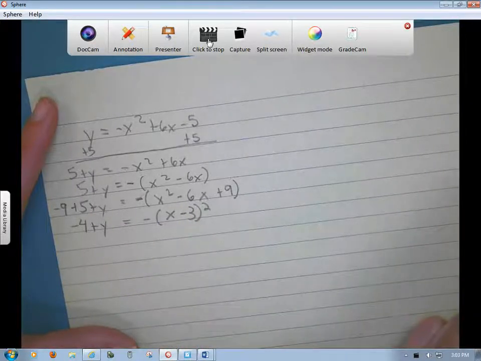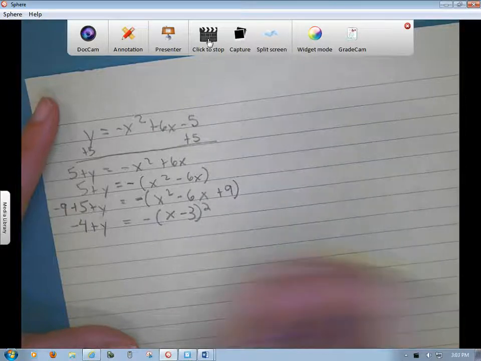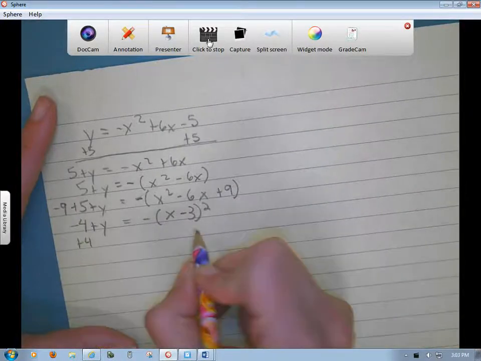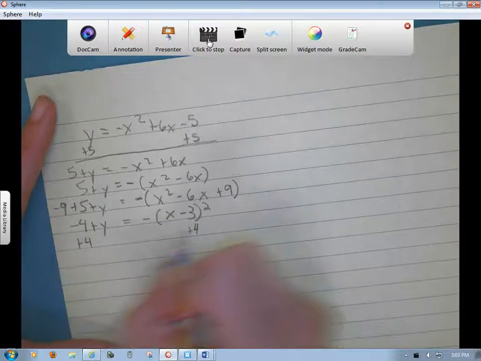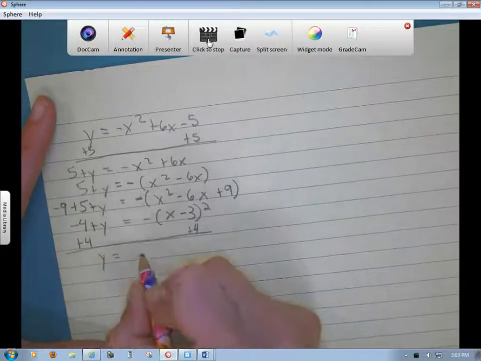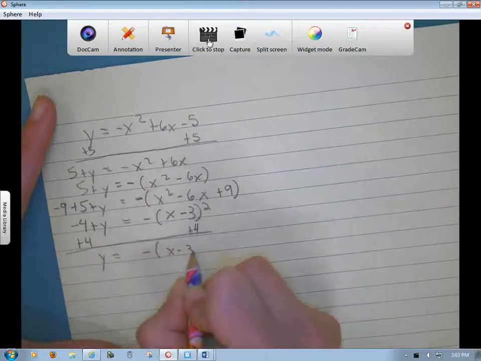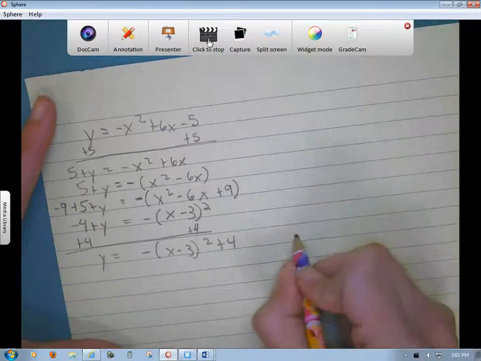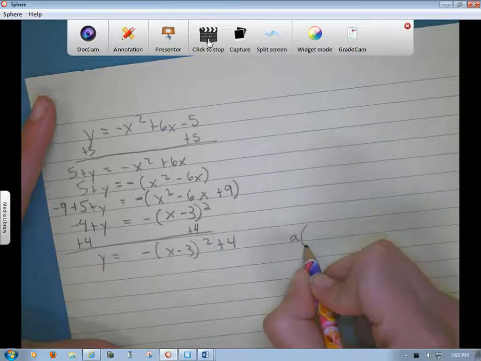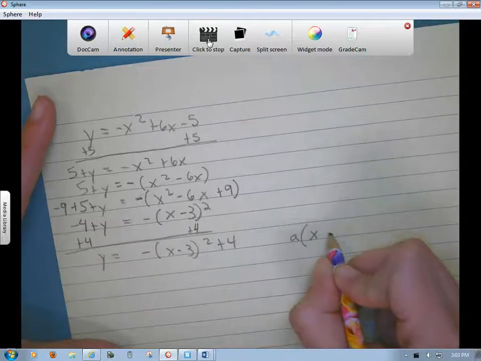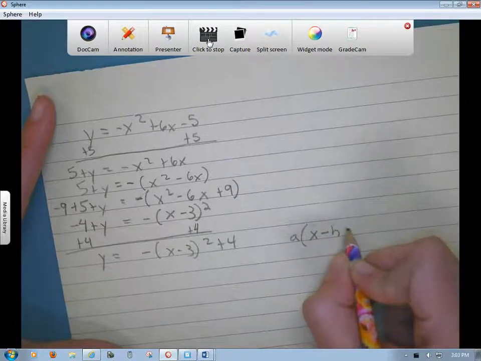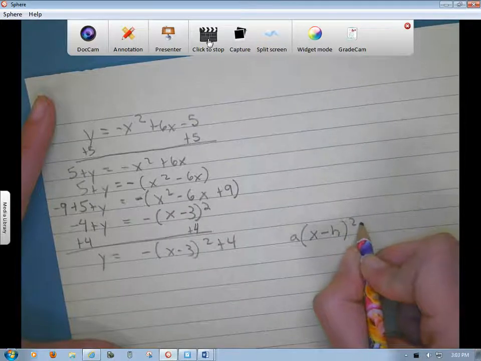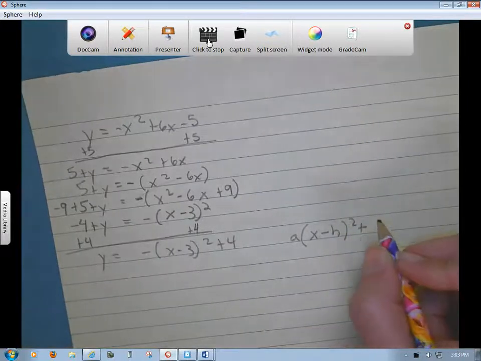Now to go into vertex form, I'm going to add the 4. Okay, so remember that's the A. It's in the back, K, right?